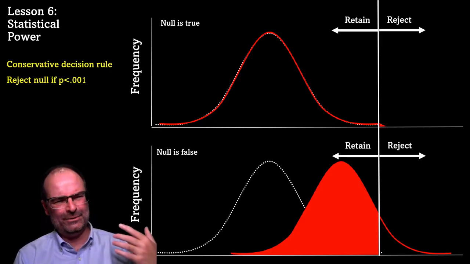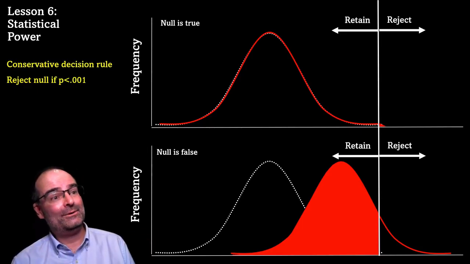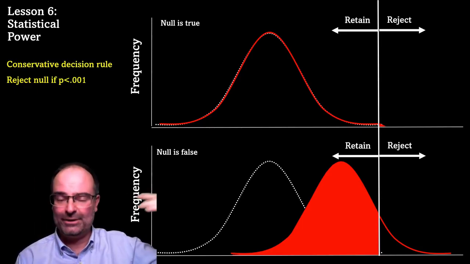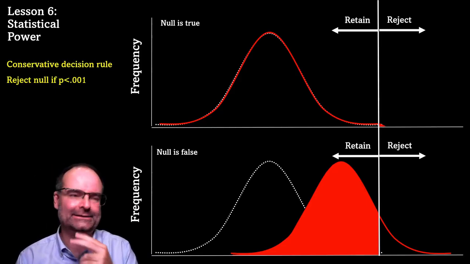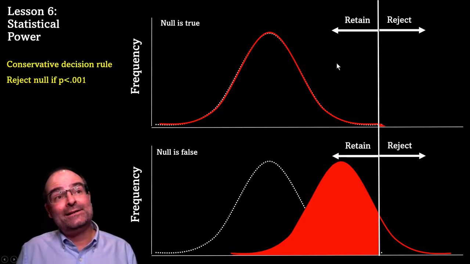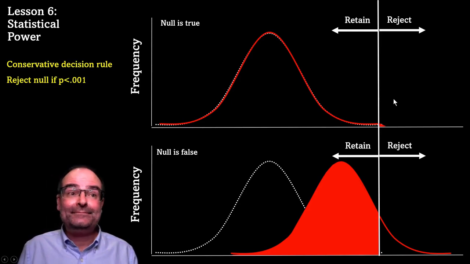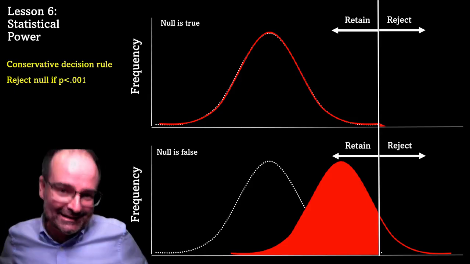This would be like someone waiting until the water's up to above the opera house before saying, oh yeah, maybe there is something to this climate change. Conservative is bad. Being conservative means that you're rarely going to say something's happening when it's not, but you're also going to miss out on saying something is happening when it most definitely is.